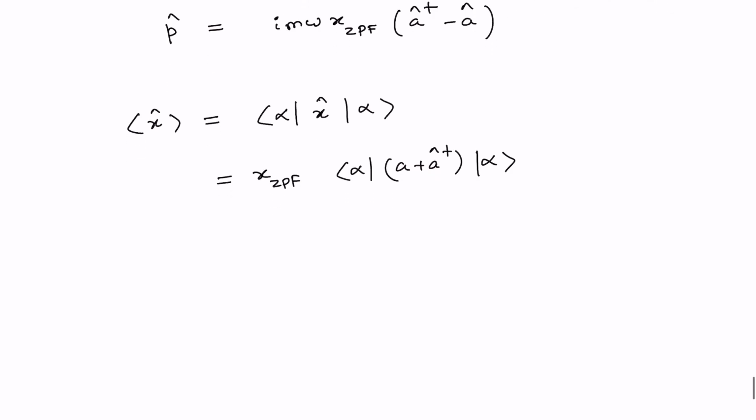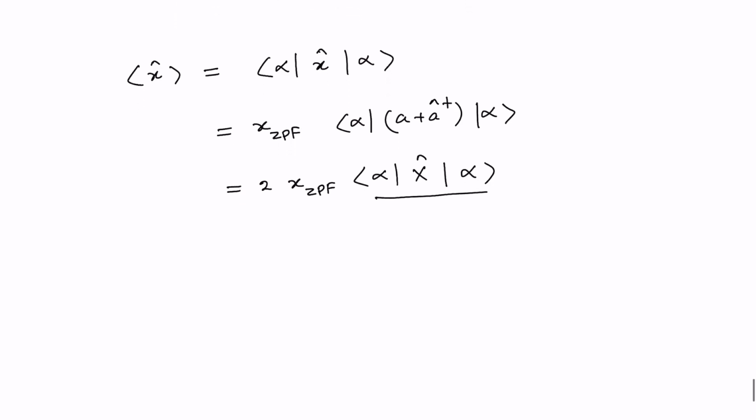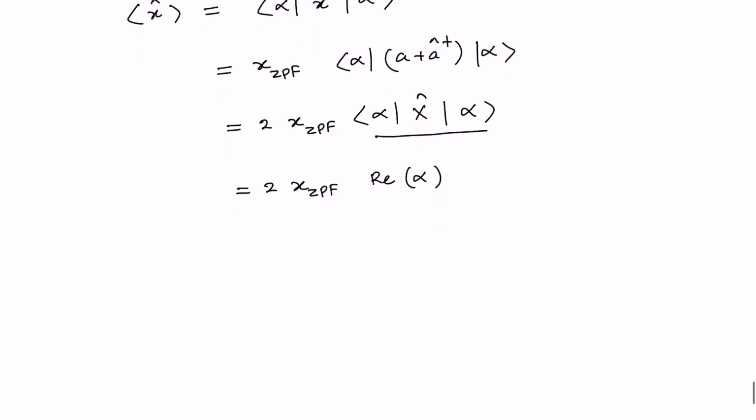By the way, we know that we can write it in terms of the quadrature operator x as well. You have x zero-point fluctuation ⟨α|x̂|α⟩, and this we have already calculated, and this is going to give you twice x zero-point fluctuation times the real part of α.